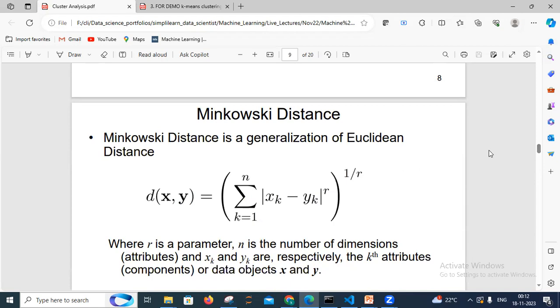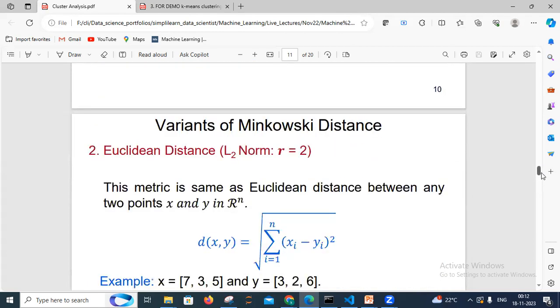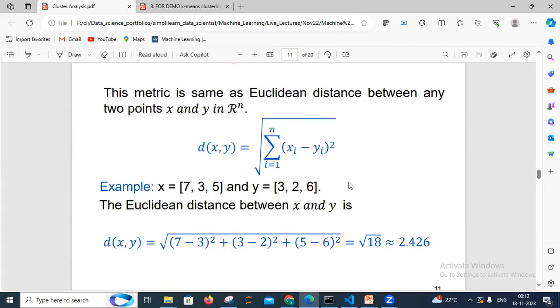I am just introducing you to the names, like Euclidean distance and Manhattan distance. These are the things we have to understand, and there are variations. I also created examples of these techniques.